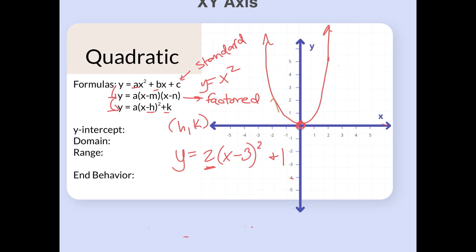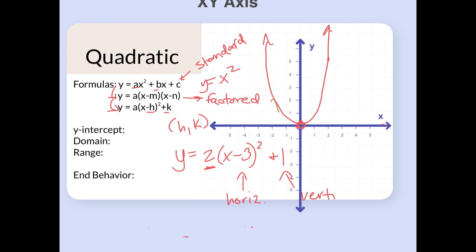So another thing that this format shows us is the transformations of the graph. So your h, or the value that comes in your h, that's going to show us our horizontal transformation, and the value for the k, that shows us our vertical transformation.